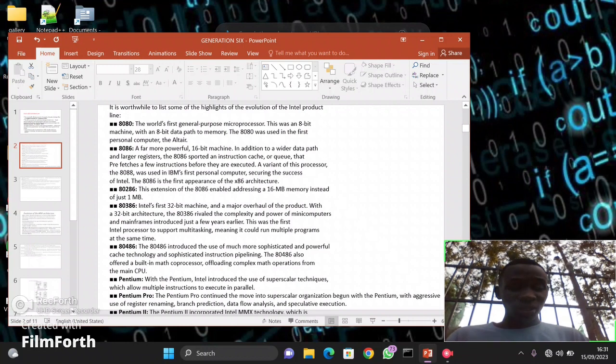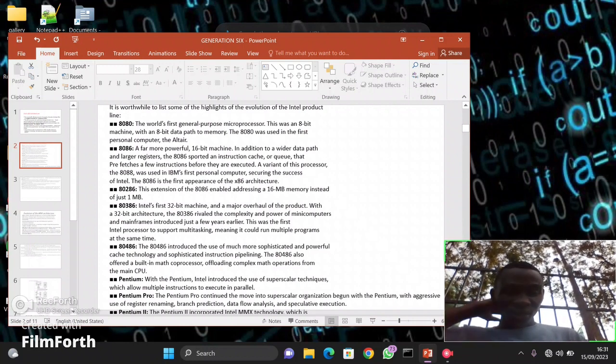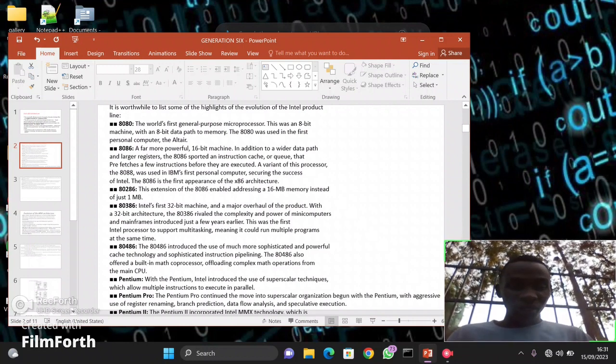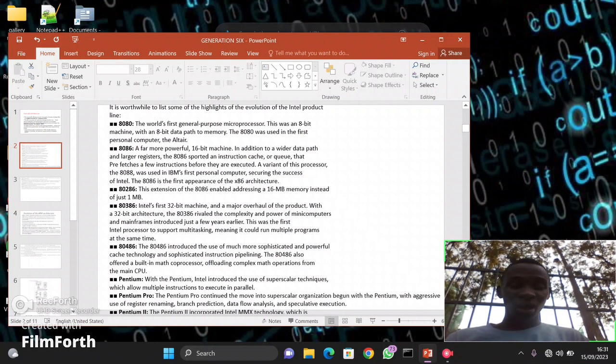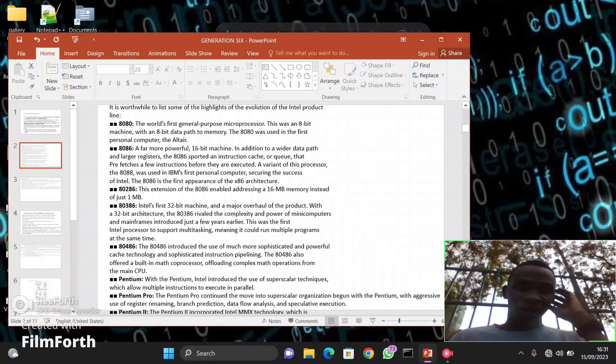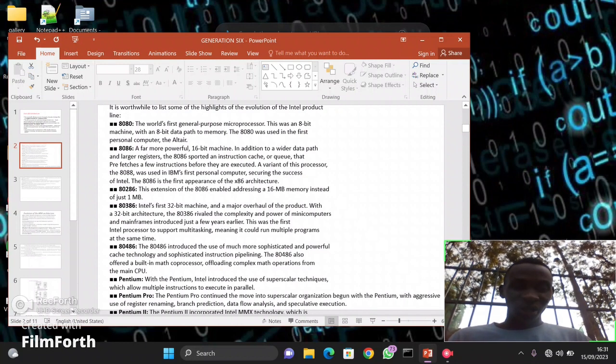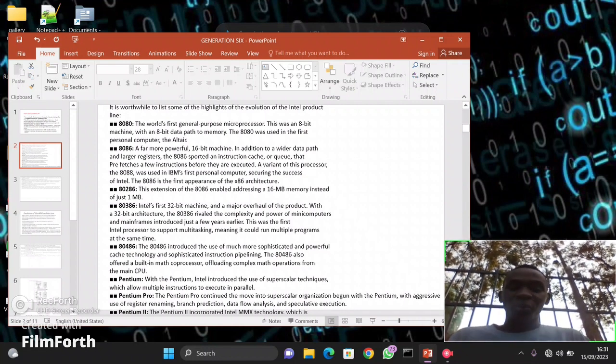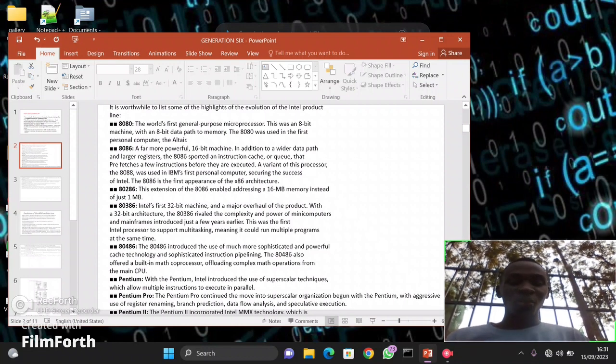Going to the 80486, this introduced the use of more powerful and sophisticated cache technology, and also favored pipelining more than the earlier Intel product lines. Then going to the Pentium, Intel introduced superscalar techniques, which allowed multiple instructions to be executed in parallel.